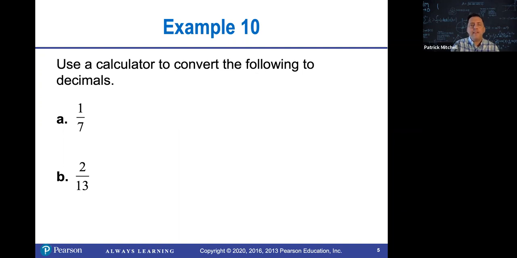But in this case, using a calculator, you can find that 1/7 is 0.142857 repeating. That block of 6 digits repeats. And 2/13 also has a repetend that is 6 digits long, 0.153846 repeating.